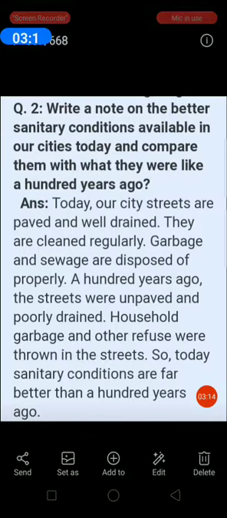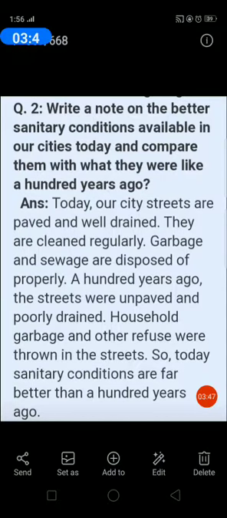Well drained means that in our city streets there is a good system of drainage. They are cleaned regularly. Garbage and sewage are disposed of properly. Garbage and sewage mean all the rubbish which is generally thrown out of the houses, or in the past especially people used to clean their houses and all the rubbish and garbage was thrown into the streets.